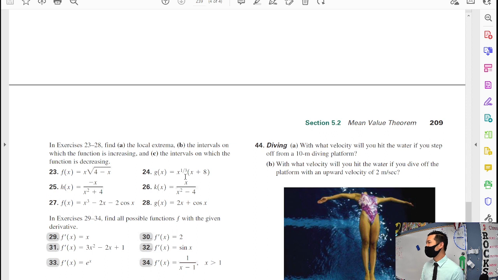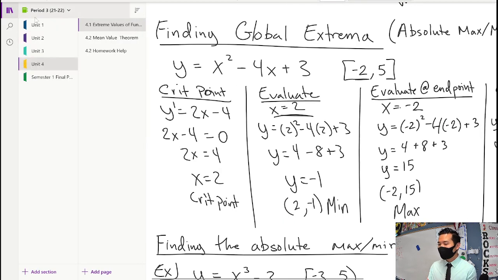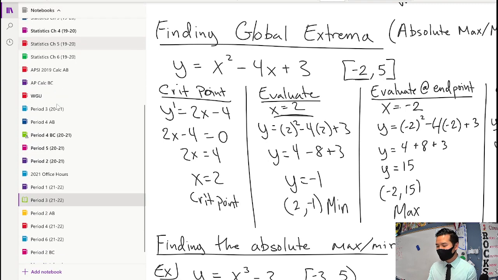And I'll talk about that with today's notes, okay? So for number 24, you need to take the derivative, find the critical points by setting it equal to 0. I think you should be able to do it, but we can work on that one later after we do our notes today. All right, anyways, as I was saying, let's just get this part first.